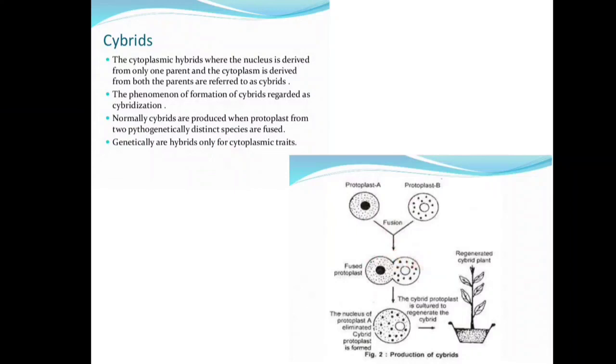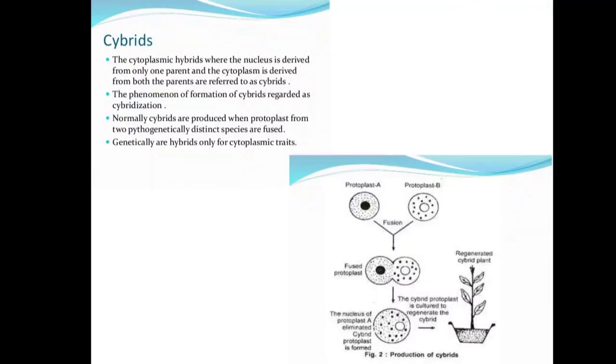Normally these hybrids are produced when the protoplasts from two phylogenetically distinct species are fused. Okay, so when two phylogenetically distinct species are fused, this one hybrid is formed. And genetically these hybrids are hybrid only for cytoplasmic traits.